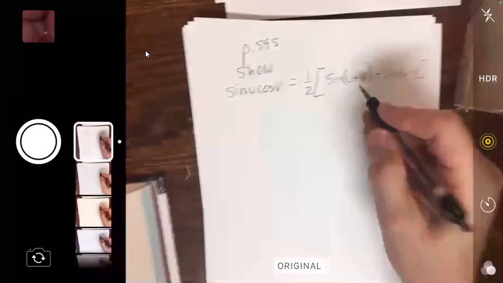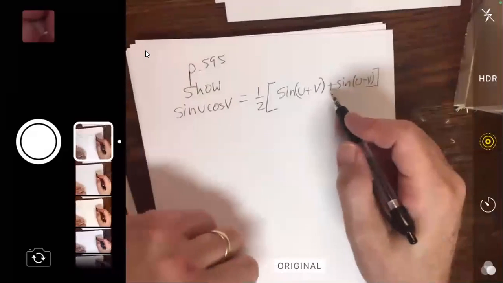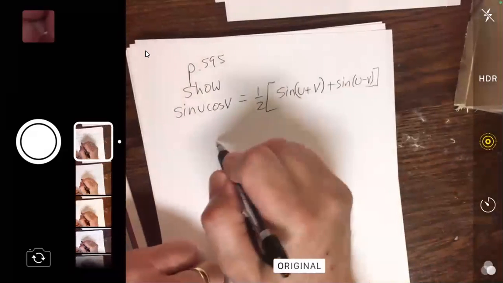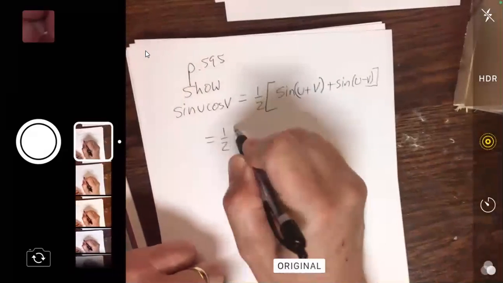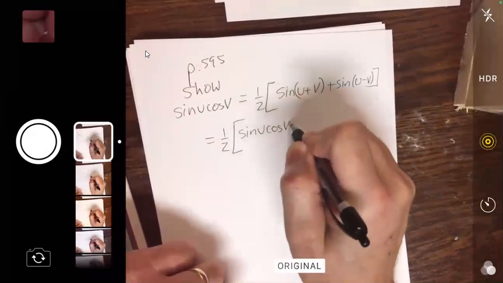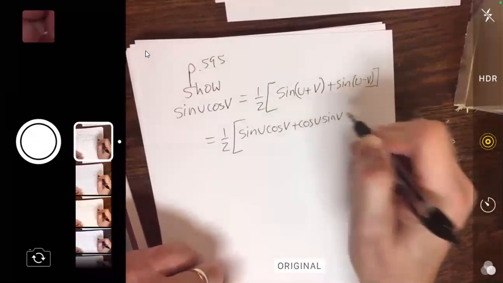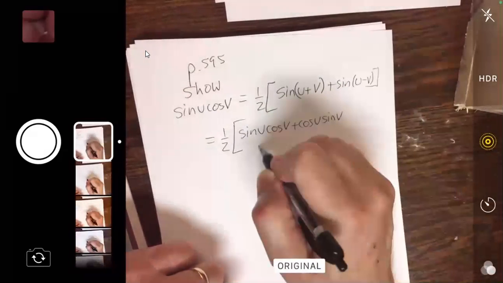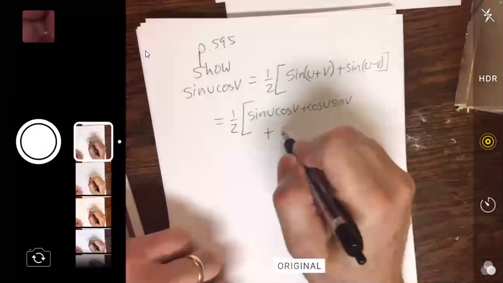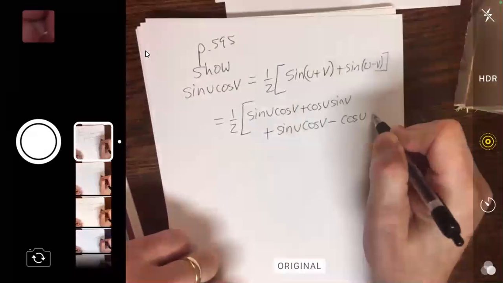It's a matter of subbing in your formulas from 7.2, and then watching all the pieces dissolve to this, meaning you're going to get a 1/2. If you remember, this went sine cosine plus cosine sine, plus, and I'll put in this piece, sine u cosine v minus cosine u sine v.